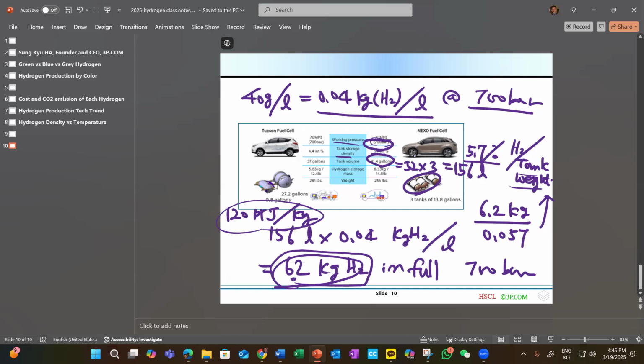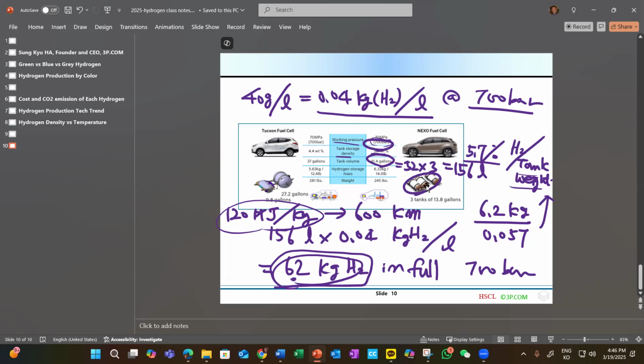And in terms of distance, we can run about 600 kilometers with a full charge. That's the characteristics of a hydrogen vehicle, Nexo.